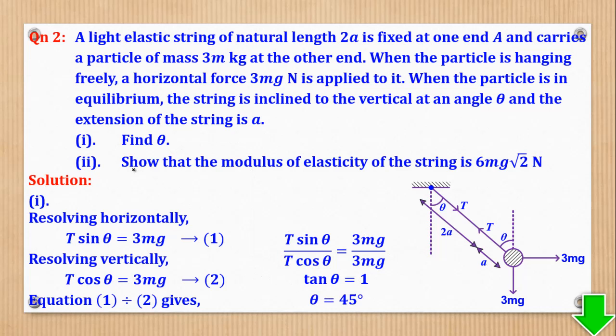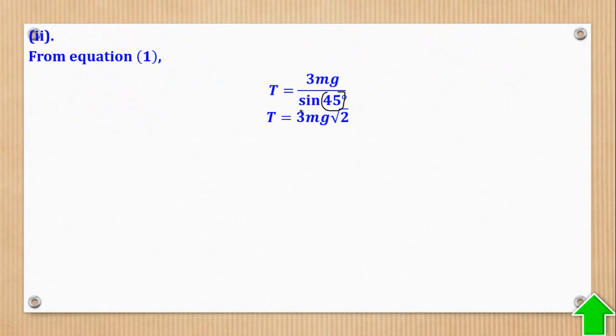Then for Roman 2, they said, show that the modulus of elasticity of the string is 6mg root 2. From equation 1, we know the value of theta is 45, meaning I can get T. Remember, 45 is a particular angle, and sin 45 is root 2 over 2, or we can say 1 over root 2. So let's use 1 over root 2.